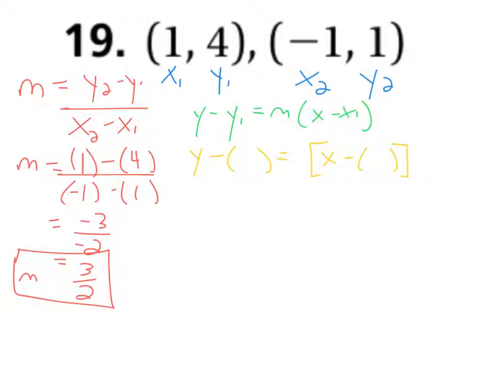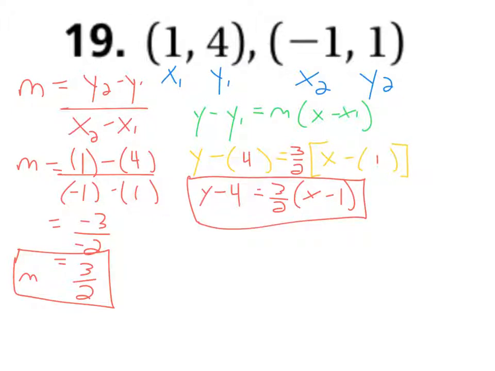Now we have to decide which point we're going to use, and I'm going to just use the first point. So the y coordinate of the first point is 4, the x coordinate is 1, and the slope that we've got is 3/2. So we get that equation. Because we don't need to resolve any of the negatives, we've got simply y minus 4 equals 3/2 x minus 1. That's the first part of this in point-slope form.